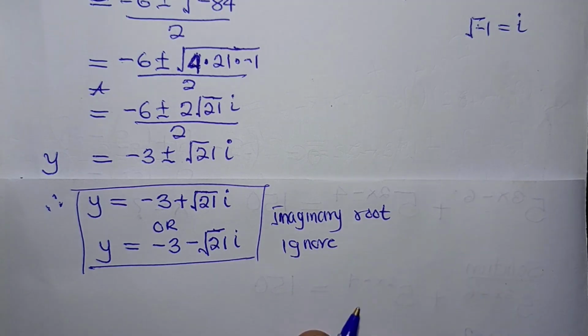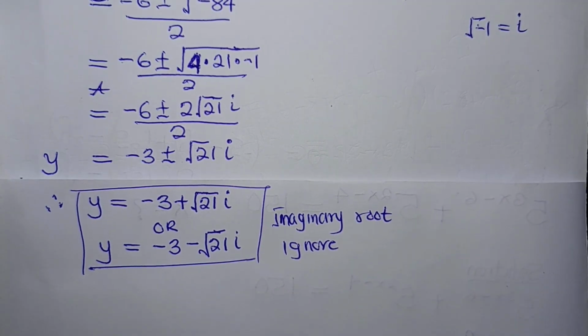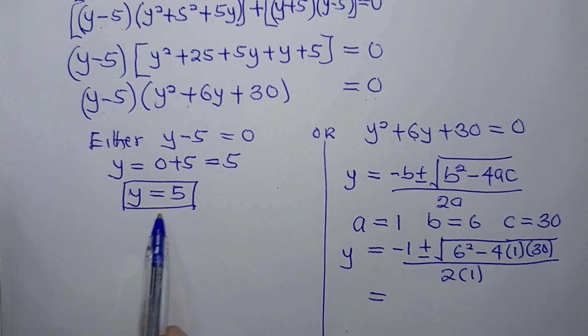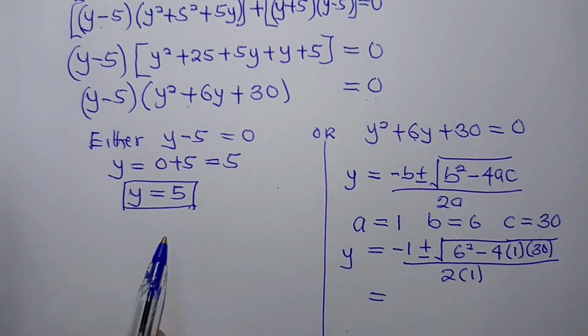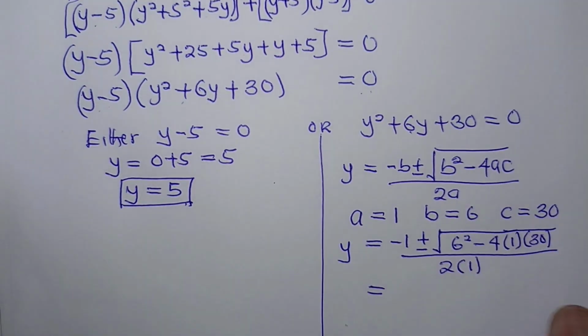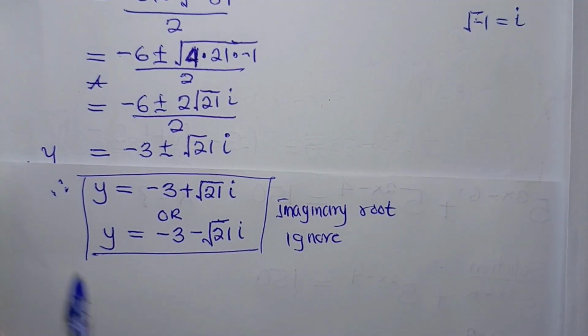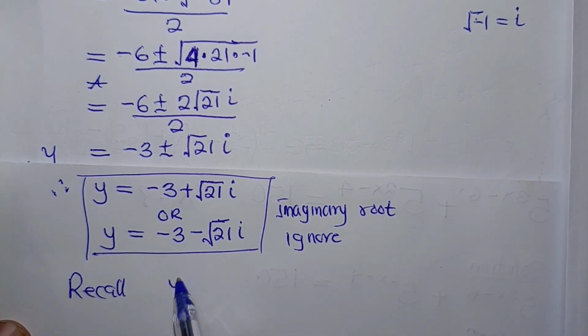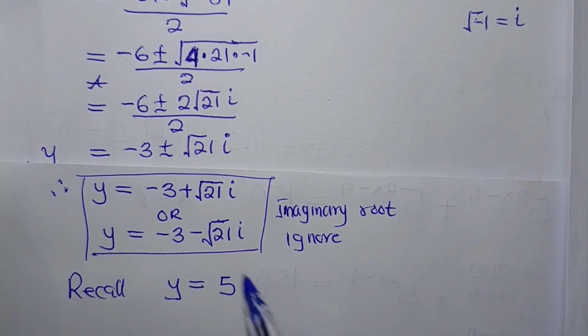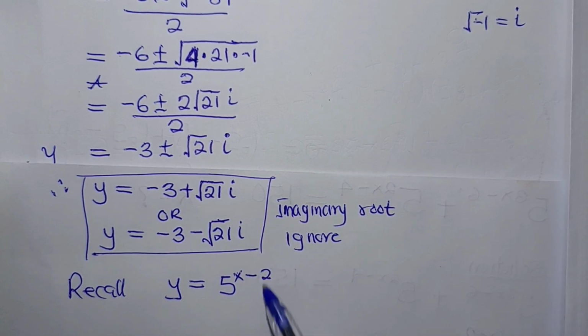That means that we have to go back to the initial solution, 5, where we get y equals to 5. Right. So given that y equals to 5, remember, y was equals to 5 raised to the power x minus 2.